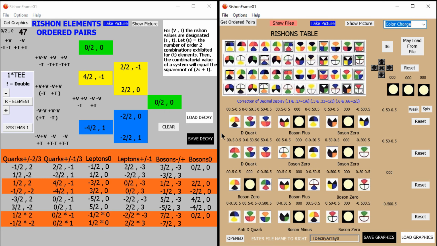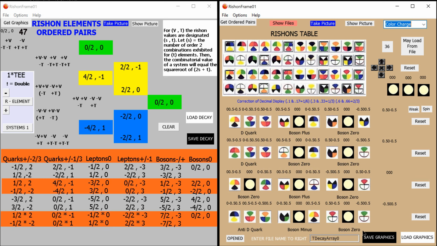We start with a red T quark and it decays to a red B quark. And when this colorless W particle is absorbed by the NTT to become an NTB, it will remain with a green color charge, which is the opposite of the red.